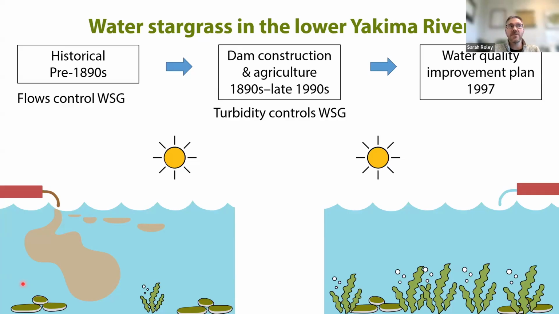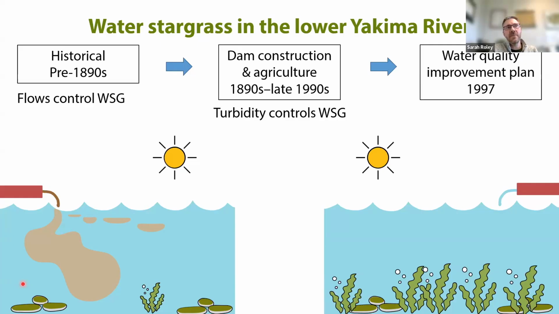And within a few years, water stargrass started spreading. And by 2005, it was dominant in the river. By 2016, it was noted that at the majority of the river, quite a few places are covered by water stargrass bank to bank. It has very low flows, probably a high nutrient load in the sediment, and plenty of light for most of the summer.